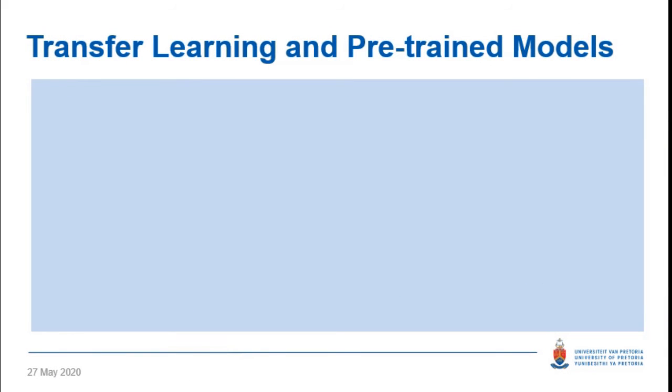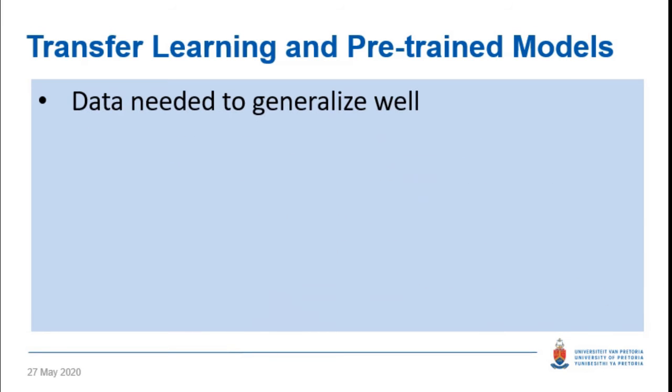Another very interesting idea when it comes to deep neural networks is the whole idea of pre-trained neural networks, or pre-trained models, linked to transfer learning. So why do we need this? We know from the work we've done so far with neural networks that in order for your neural network to generalize well, it needs a lot of data. Especially if you're doing things like image processing or speech recognition, it needs to be trained sufficiently.